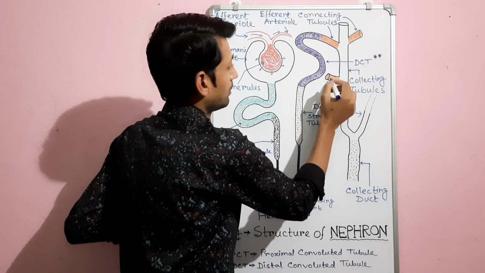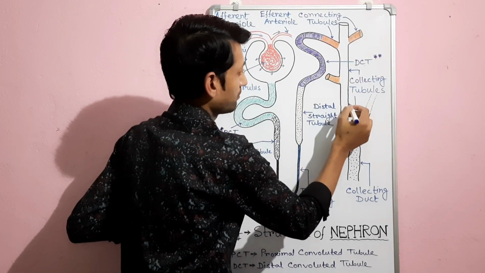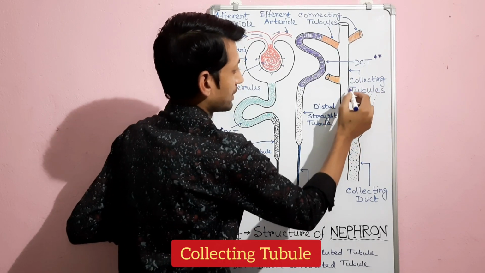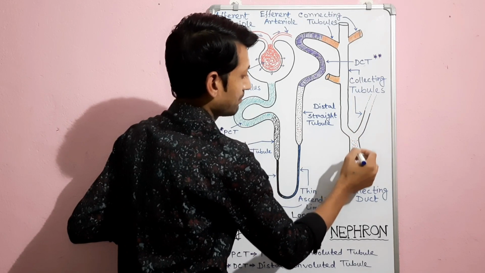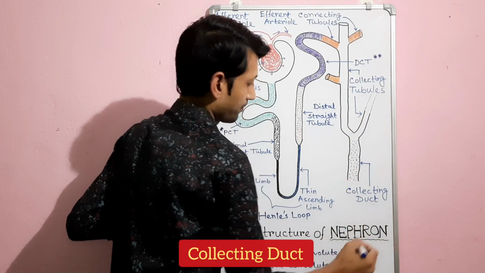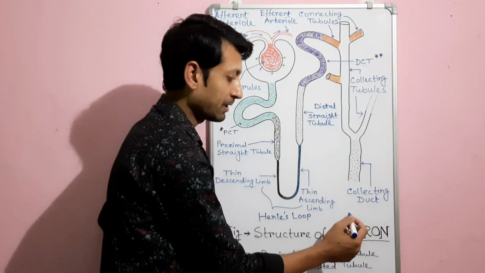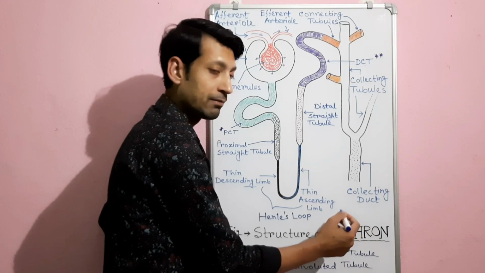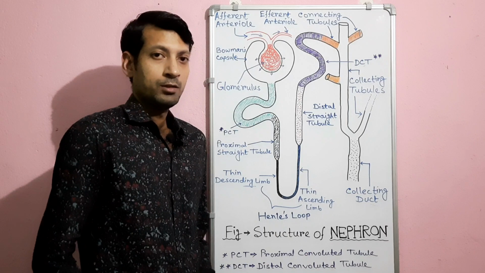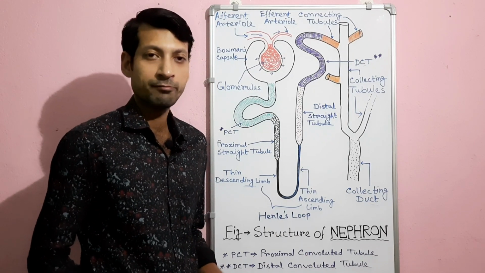Connecting tubules from several nephrons join and form collecting tubules. Now, different collecting tubules again merge and form a large collecting duct. Collecting ducts converge in the renal papilla where they deliver urine to a minor calyx. So this is all about the general structure of a typical nephron.